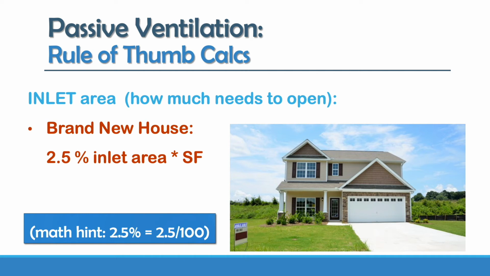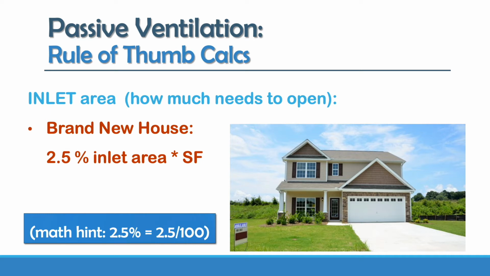The amount of inlet area, or how much window needs to open, is based on the age of the house. For a brand new house, the idea being that a brand new house is built to be much more airtight than an old house, we use 2.5% of the inlet area times the square foot.